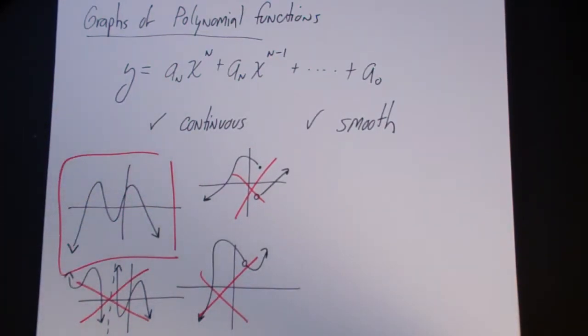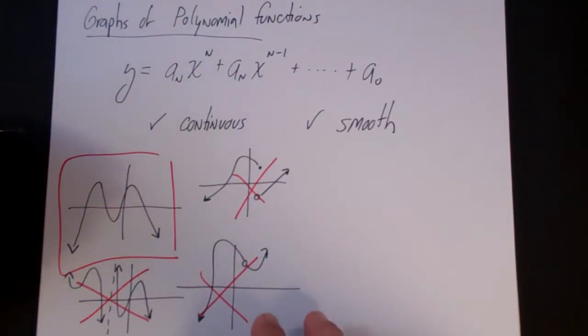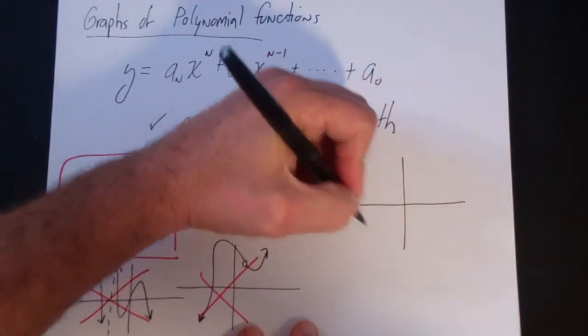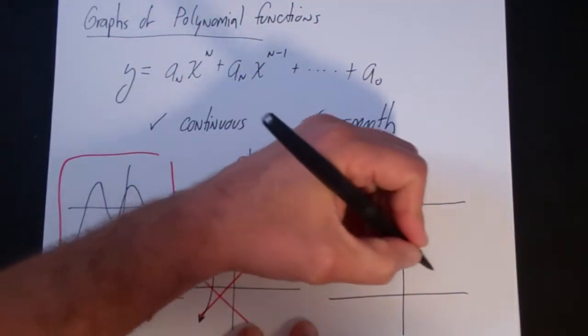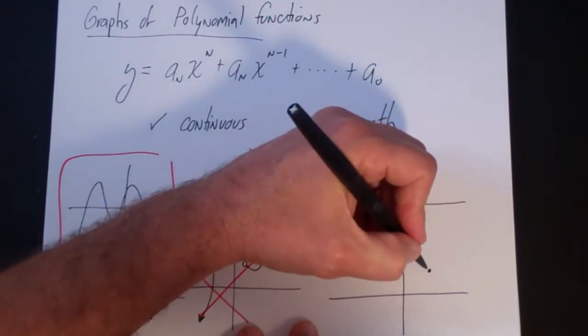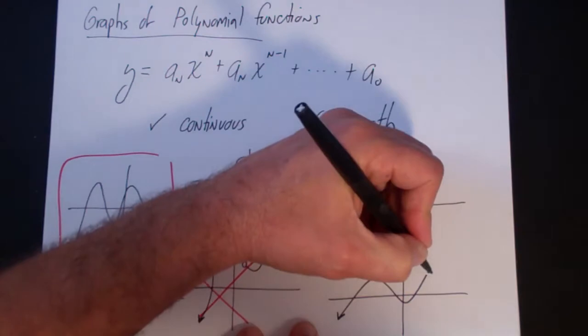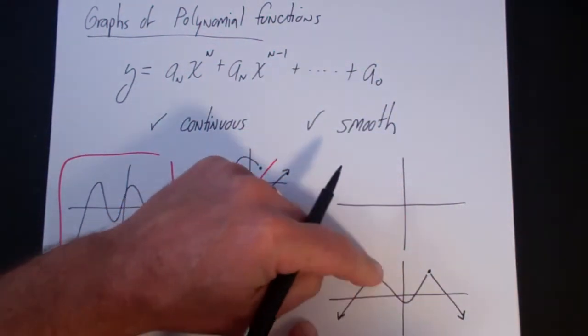It's continuous. The second one is not so easy to see, but it's also true, and that is that the graph is smooth. The easiest way to see that is to contrast two different graphs which look pretty similar. Let's look at a graph that looks like this.